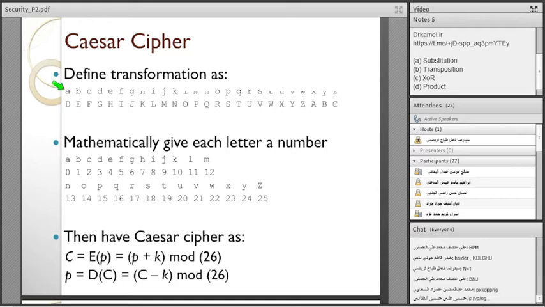Muhammad, M is N, not P. Okay, let me explain again. In this example, n is 3, but in my example n is 1.